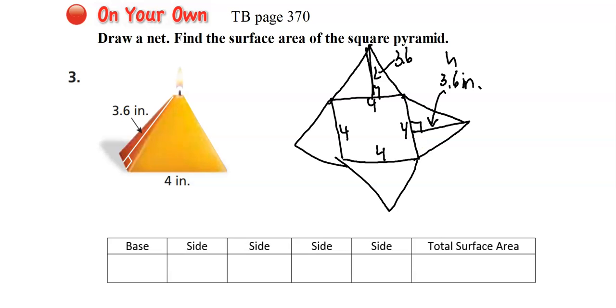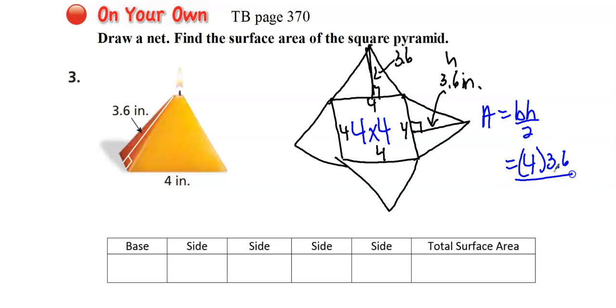And then inside, I do like to remind myself of what numbers I'm going to be putting in the graphic organizer down here. The square area is 4 times 4, and the triangular area equals base times height divided by 2. So I'm going to plug in 4 times 3.6 divided by 2.